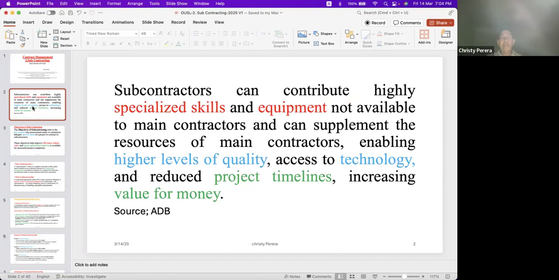Subcontractors can contribute highly specialized skills and equipment not available to main contractors, and can supplement the resources of main contractors, enabling high levels of quality and technology, reducing project timelines and increasing value for money.